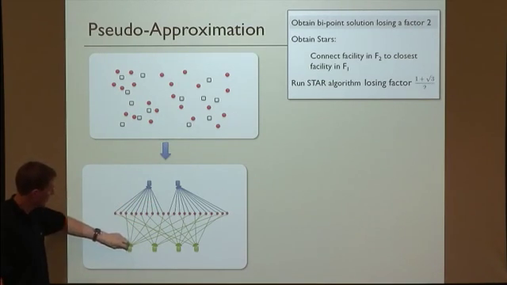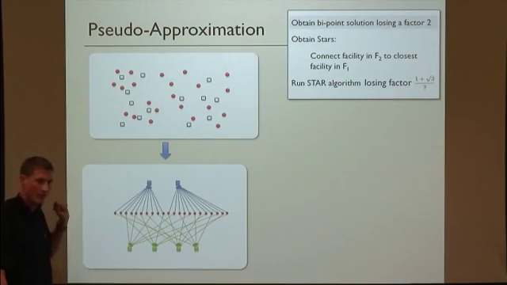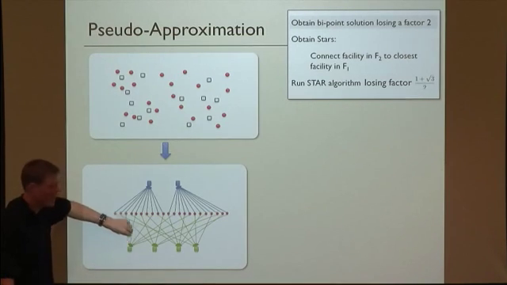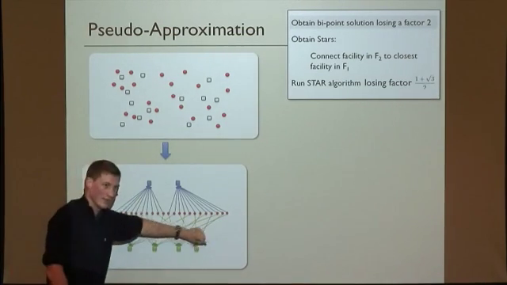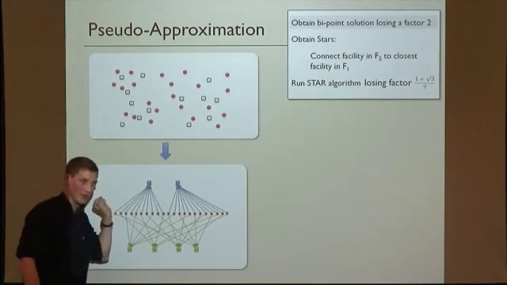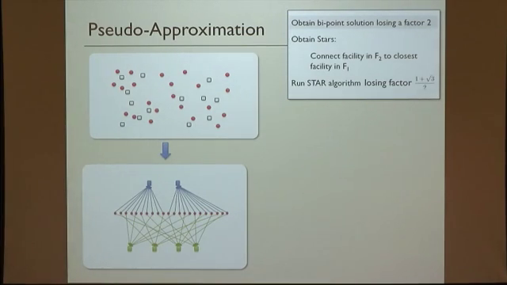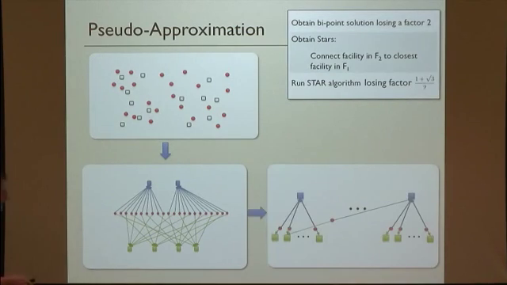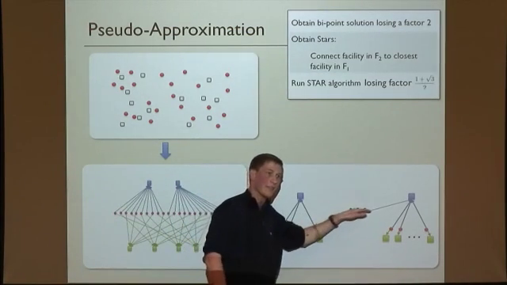The representative I pick is the cheapest. So I have some cost here. The cost is the length of the green part plus the length of the blue part. So now I have a unique representative for each green guy. So it will be stars based on the blue. Maybe they have different sizes and so on. But this only involves some of the clients. Some of the clients, exactly. And this one is one of the other ones that I didn't pick as a representative.